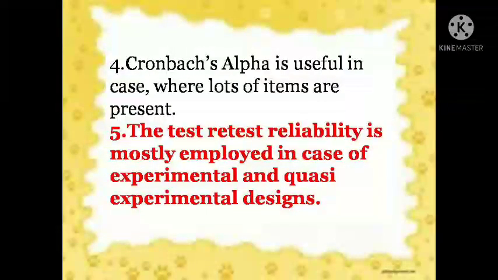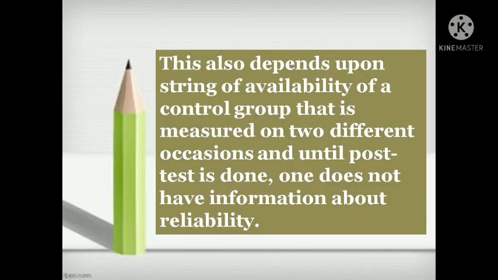5. Test-retest reliability is mostly employed in the case of experimental and quasi-experimental designs. This also depends upon the availability of a control group that is measured on two different occasions, and until the post-test is done, one does not have information about reliability.